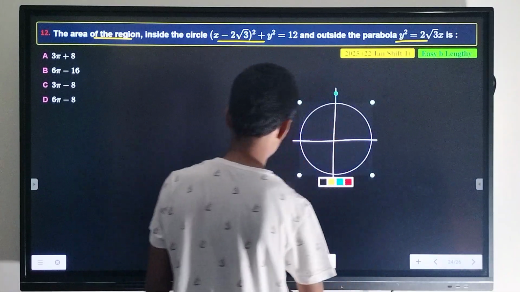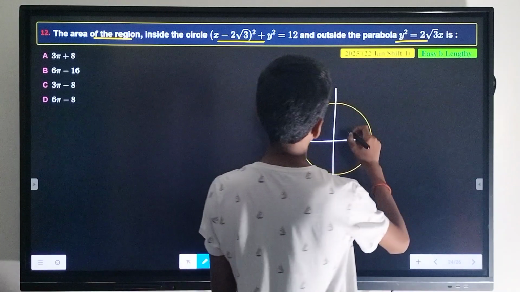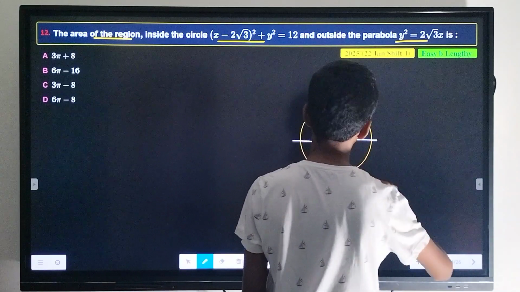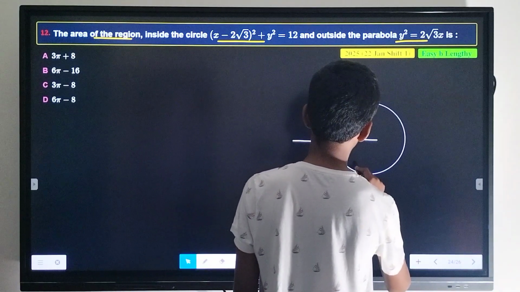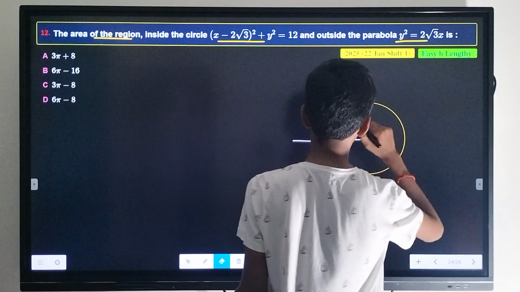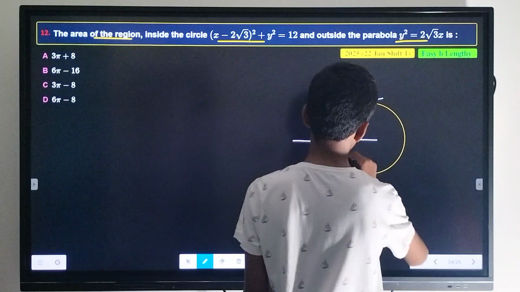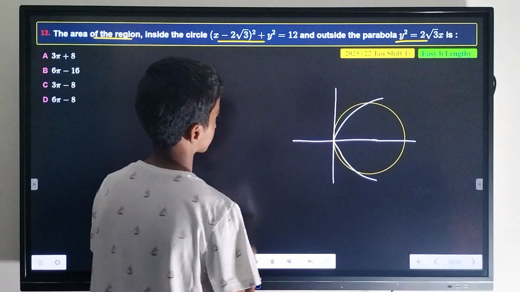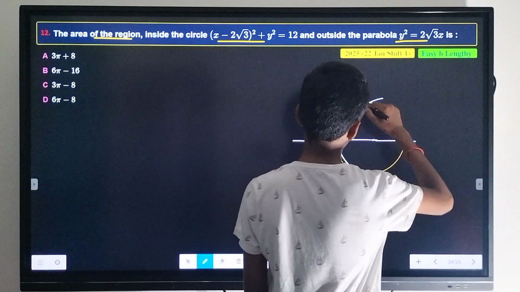Here is our circle, and this will be our parabola. This circle passes through the center. And this will be our parabola. So the required area which we need is this yellow shaded region.